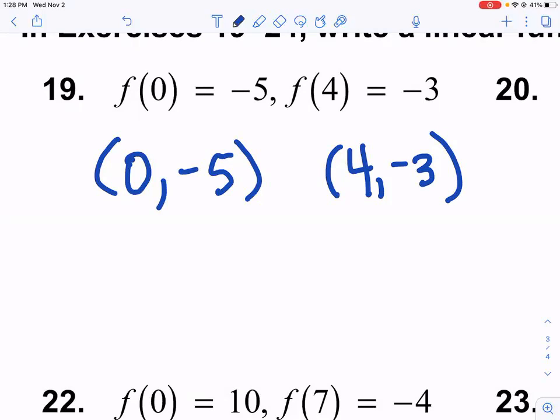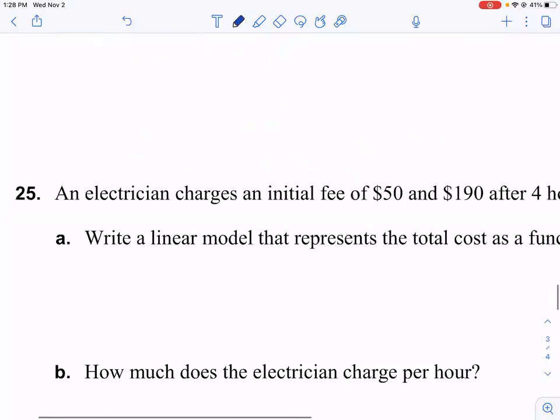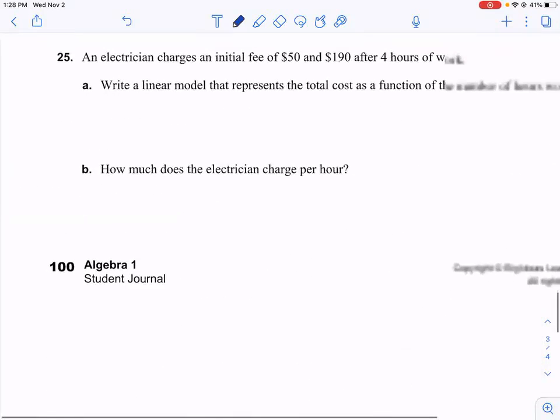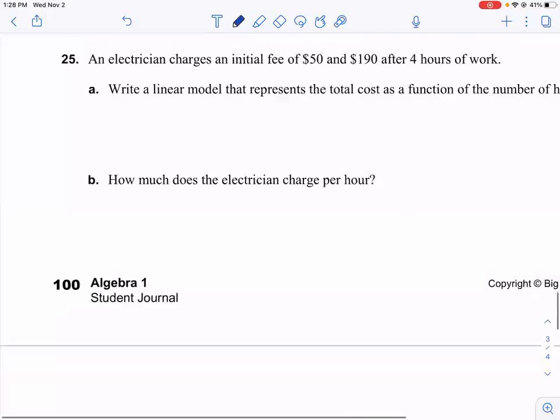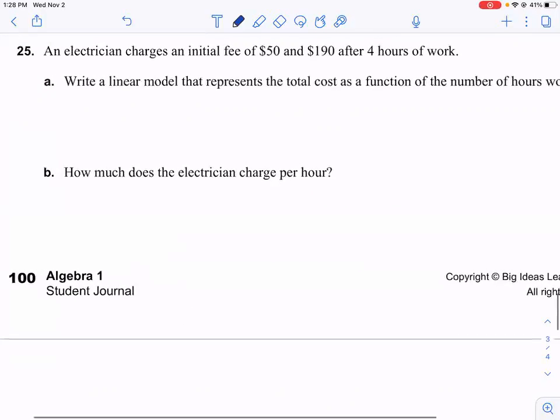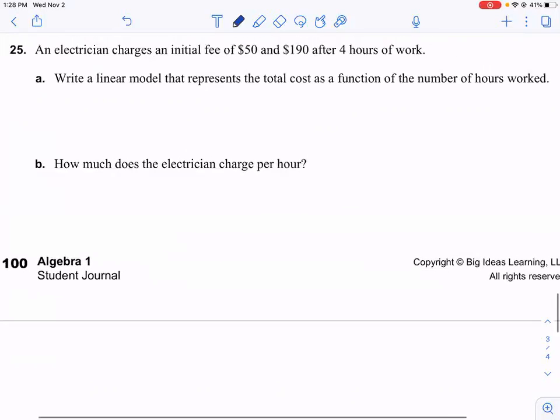Now, I want to make sure we give enough time to talk about our last problem. So I want to look down at number 25. I think that we'll be okay without solving it. I want you to read through number 25.